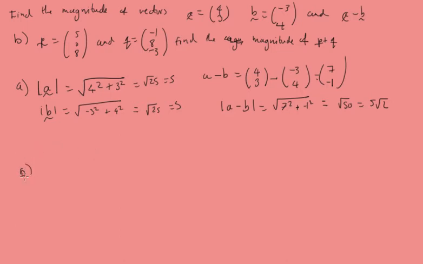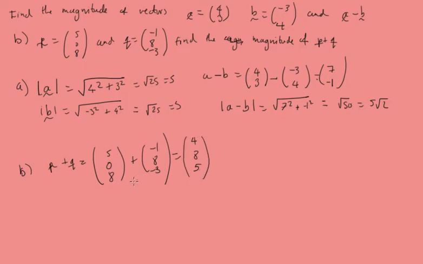Now B, we want to find P plus Q. So this is going to be (5, 0, 8) plus (-1, 8, -3). So that's (4, 8, 5).